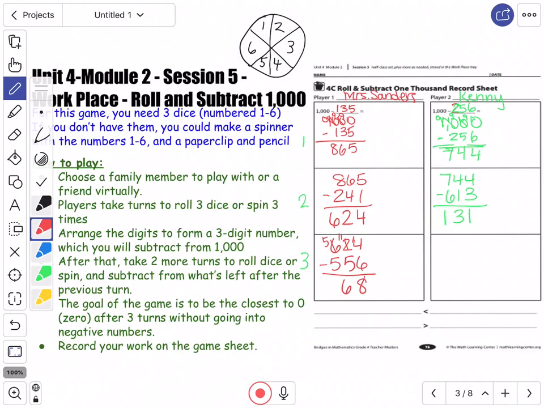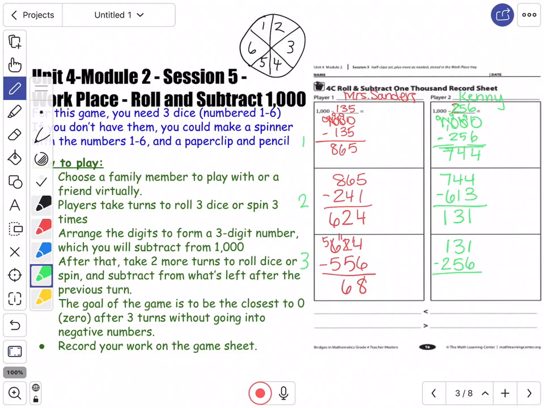All right, let's see where Kenny ends up here. He's got a 2, he's got a 5, and he's got a 6. So, my friends, when he was a little bit more daring a little while ago, little Kenny ran into a problem here. 131 minus 256.